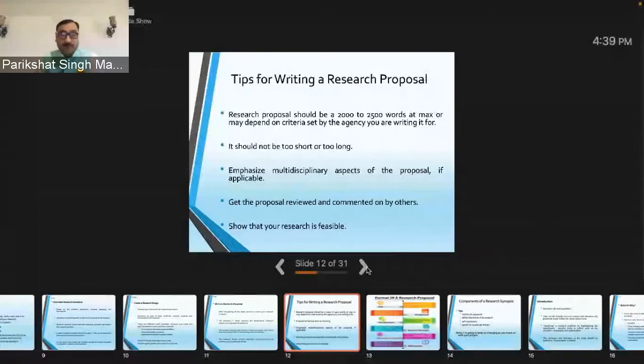A research proposal should carry, if it is able to showcase, a multidisciplinary aspect. In the current times, maybe after 1 year it is not applicable, but at this moment multidisciplinary aspects are very important. Everybody is talking about innovation, everybody is talking about there has to be something built up.